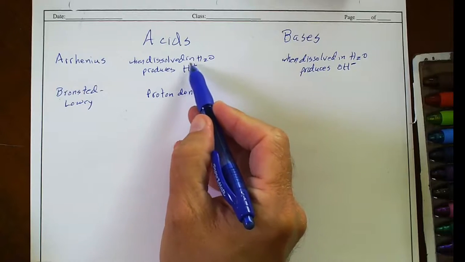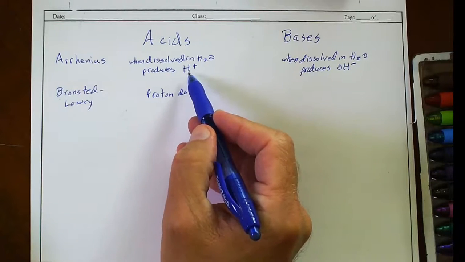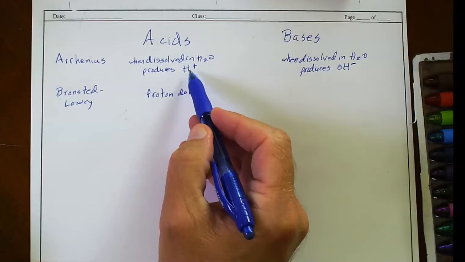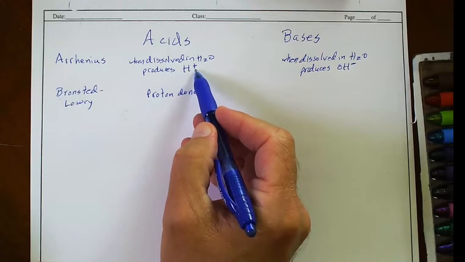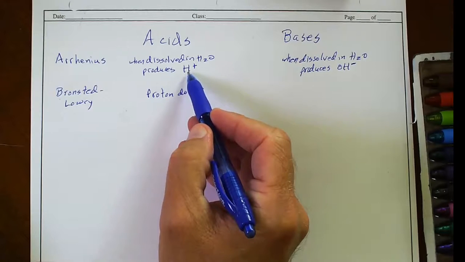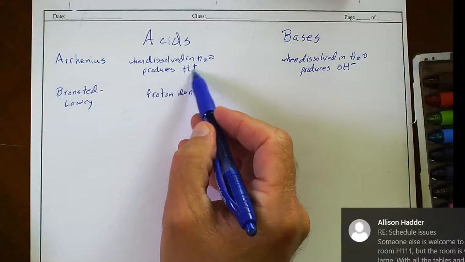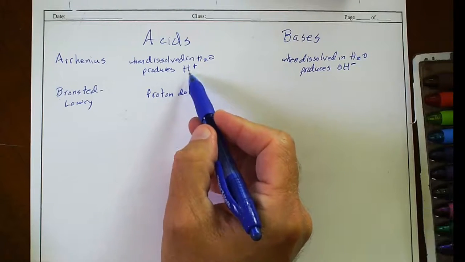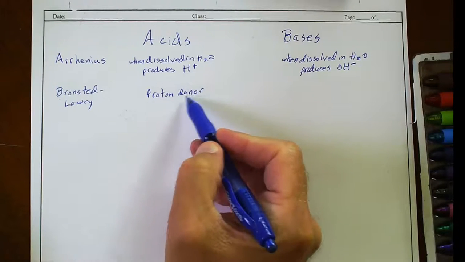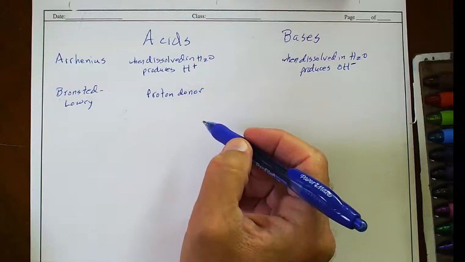Again, if you consider a hydrogen atom to be one proton orbited by one electron, and if you lose that electron to gain the positive charge, then all that's really left in a hydrogen ion is the proton. So if the acid gives off a hydrogen ion, it has given off or donated a proton.